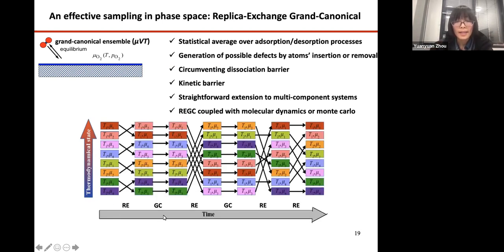This is the schematic of the REGC simulation. The x-axis is the simulation time and the y-axis is the different replicas. During the simulation, the replicas are either allowed to swap with each other, or try to exchange particles with their own reservoir.